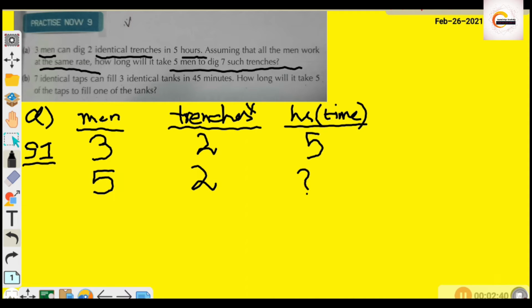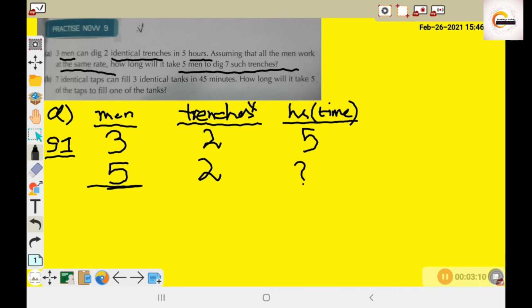When I find out the time that 5 men will take to dig 2 trenches, then in the next step I am going to keep the number of workmen constant, and we'll see how much time these 5 men will take to dig 7 trenches.